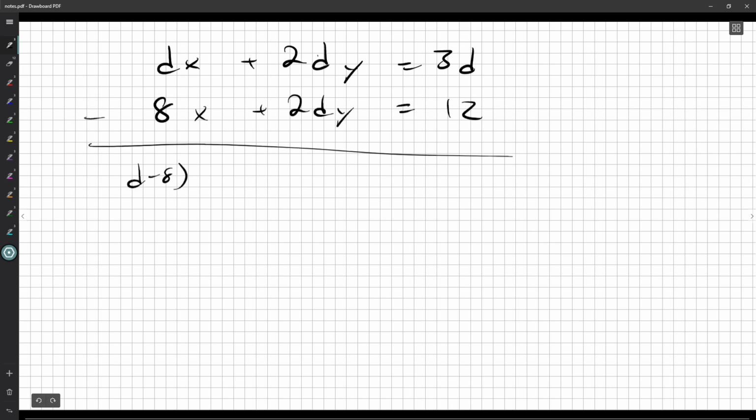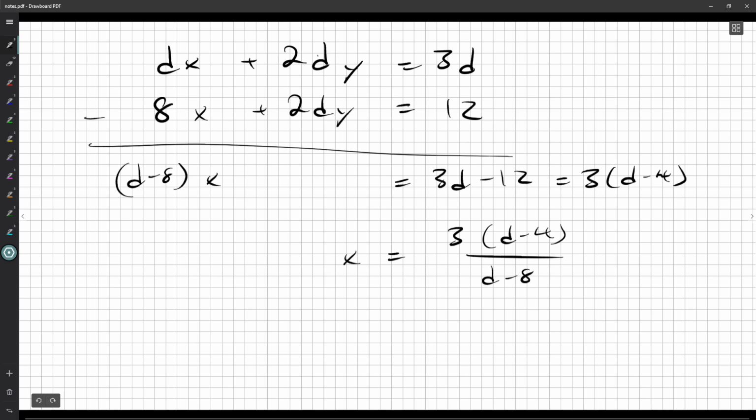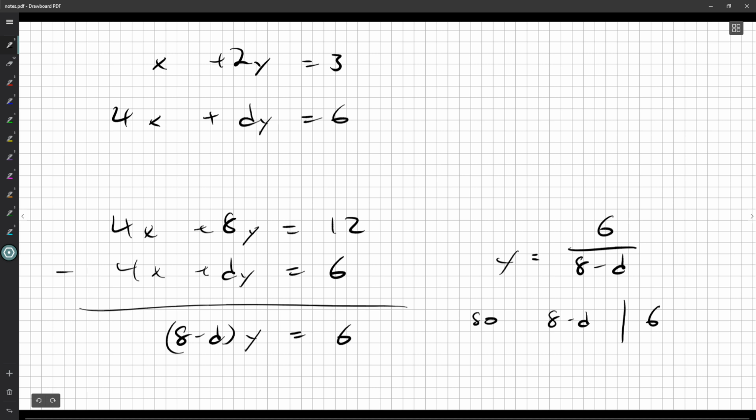So I'll have d minus 8 times x is 3d minus 12. That's 3 times d minus 4. So x is 3 times d minus 4 over d minus 8. And as long as this expression and this expression are integers, we'll be all set. I think focusing on this condition is probably going to be key.